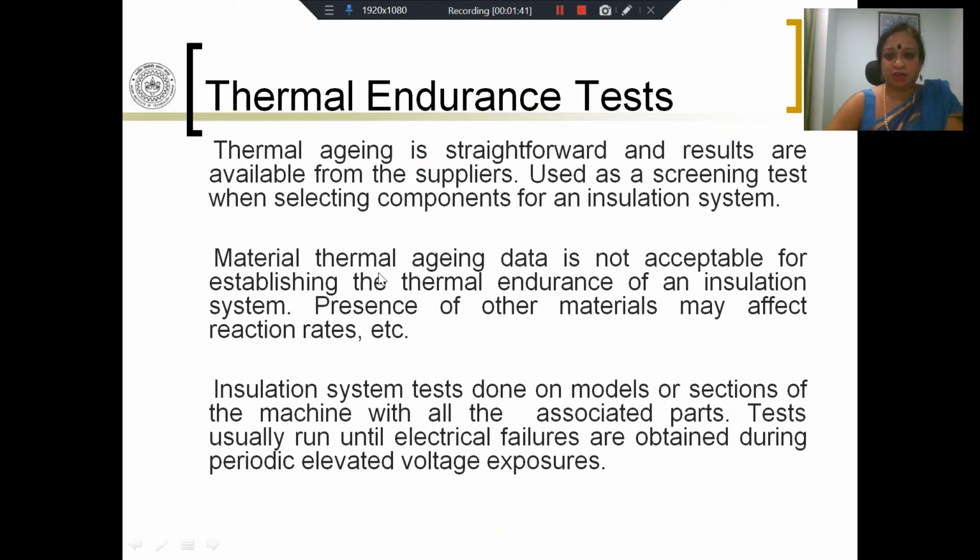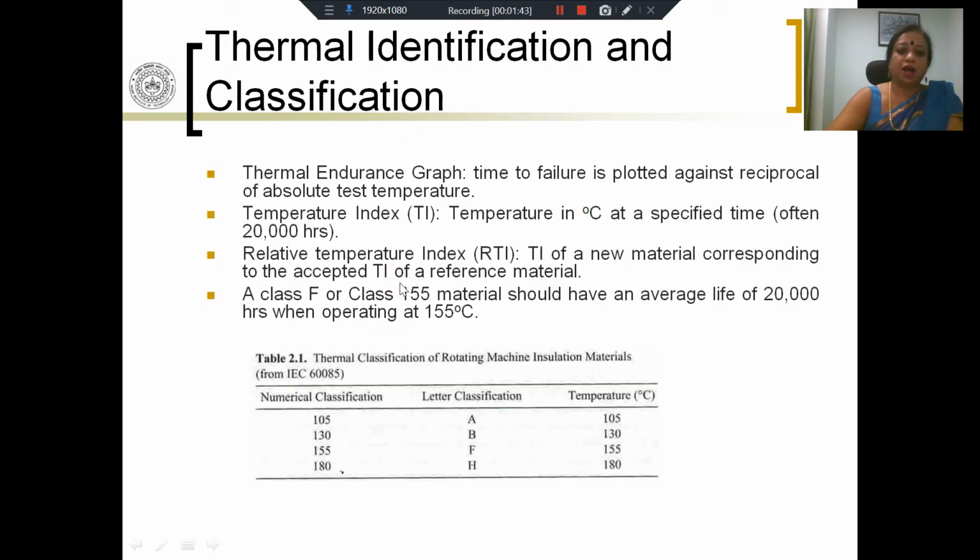Now, when we talk about materials, we have to concern ourselves with thermal identification and the classification of the materials. So for every material, there is a thermal endurance graph. The thermal endurance graph tells us how much time can elapse before a material breaks down or fails because of elevated temperature.